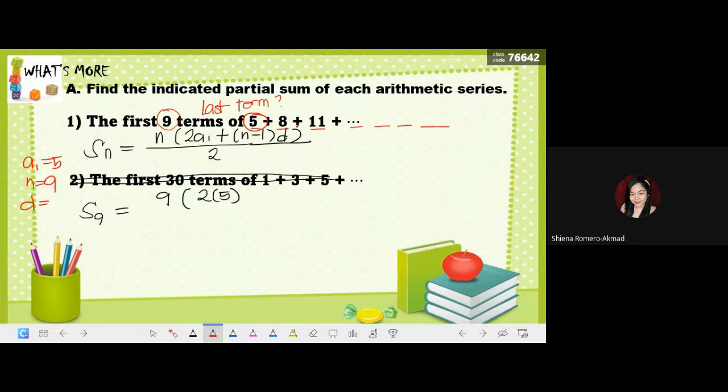What is the difference? 5, 8, 11. Yes, Ashley? 3 po. 3. Correct. So the difference is 3.